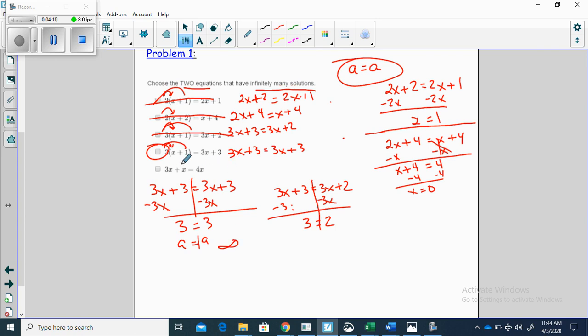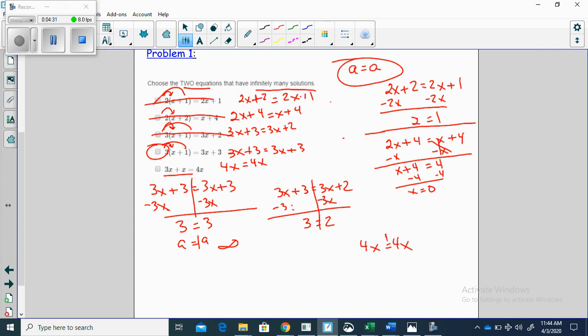Let's try this one. 3x plus x. Well, we can collect those like terms, and that gives me 4x is equal to 4x. I mean, you should be able to see it. The two sides are exactly the same. If they're exactly the same, we have infinite solutions.